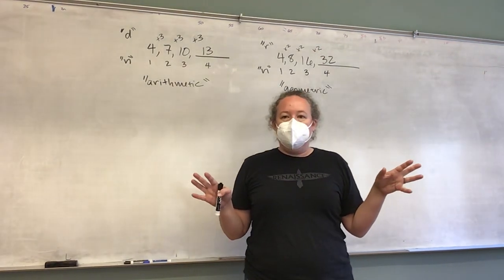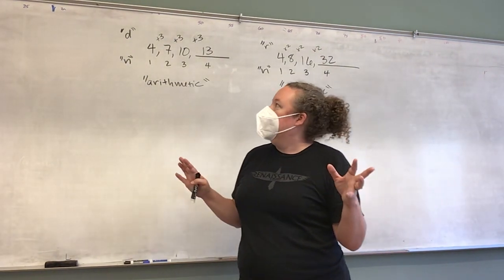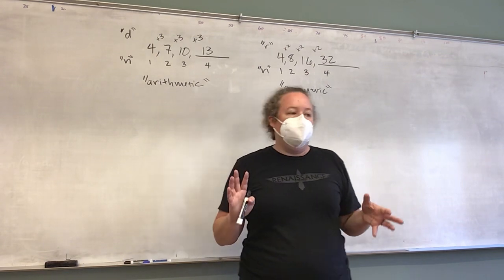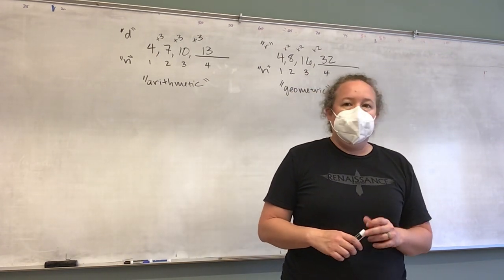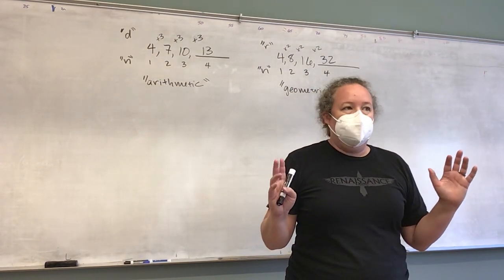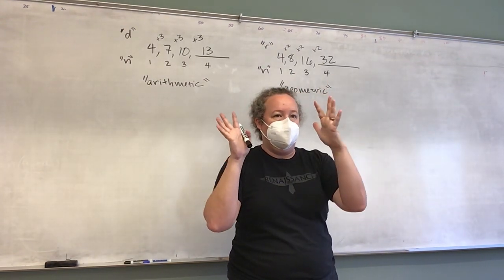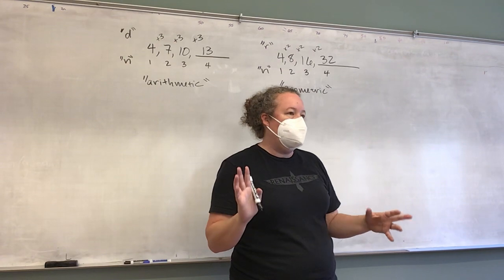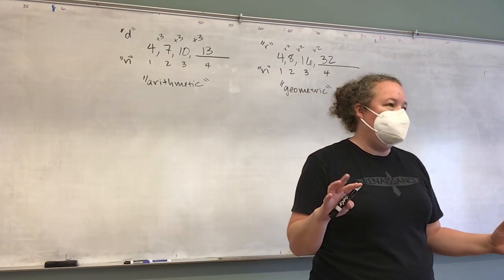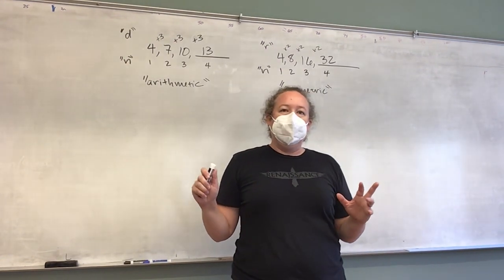And as we learned a little bit, those of you who did 6.2, it's only a polynomial if it is x to a counting number. Can't be x to the -1 or x to the square root of 2 or anything else like that.